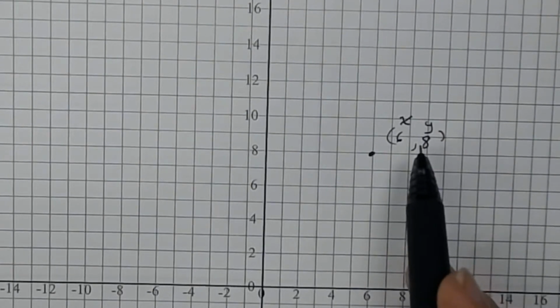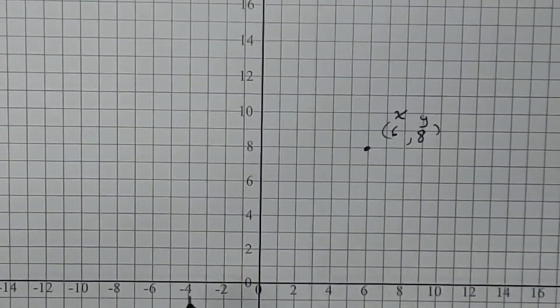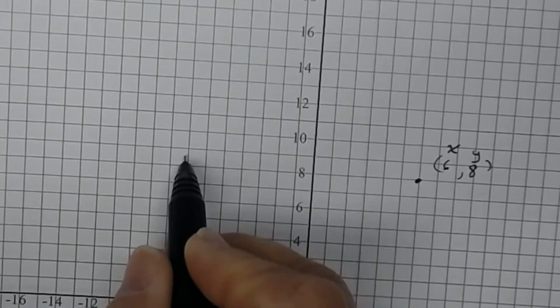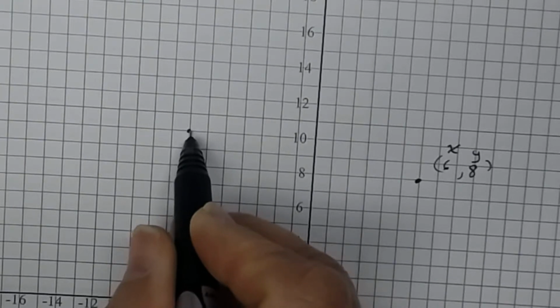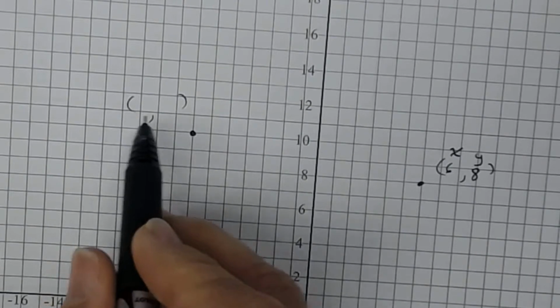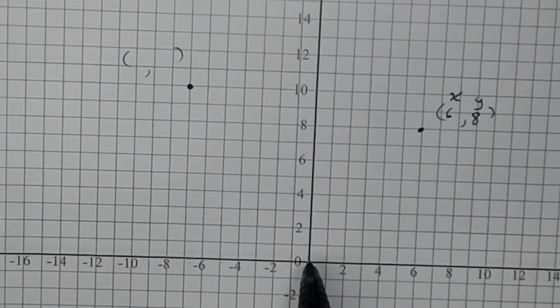Those are your coordinates, your ordered pair. Now suppose I want to look at a point in the second quadrant, this point here. I want to find out what the x-coordinate and y-coordinate are. Again, you start at the origin.